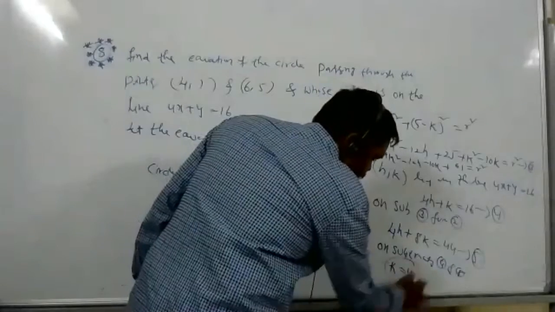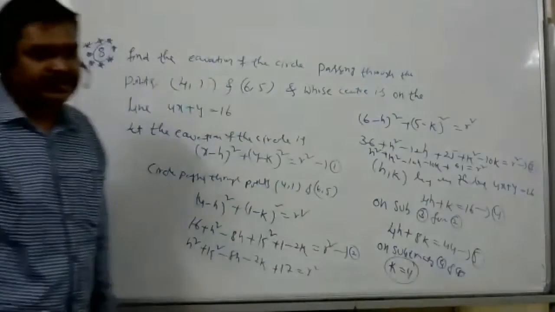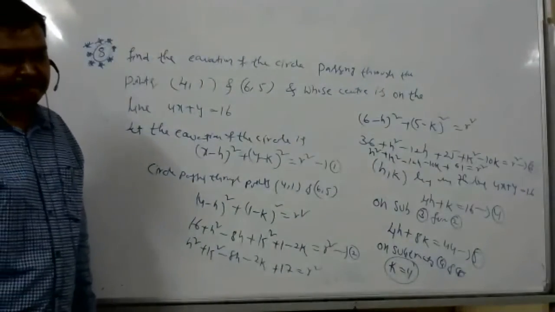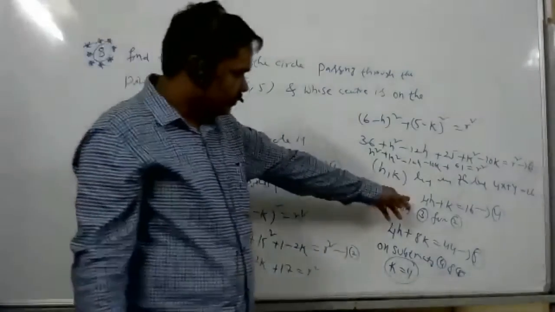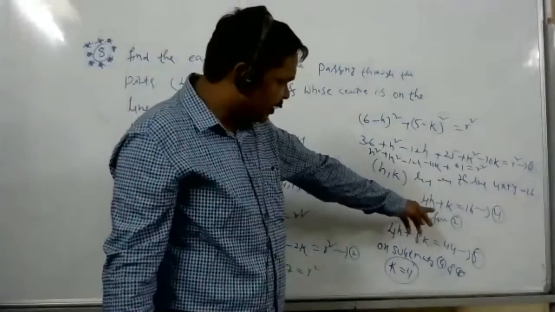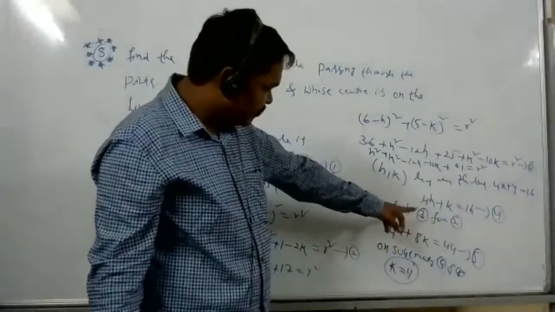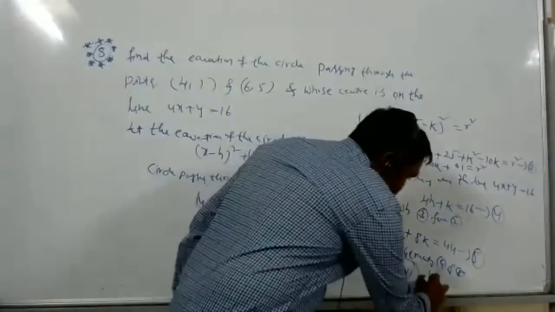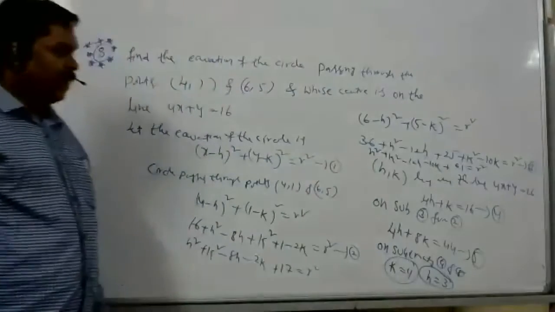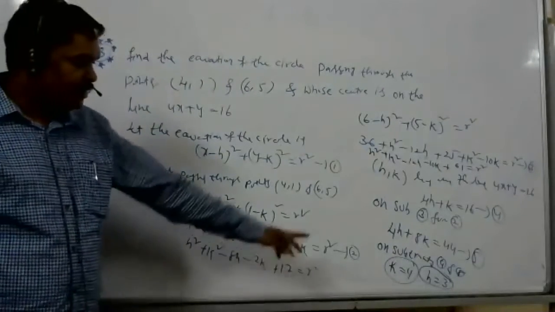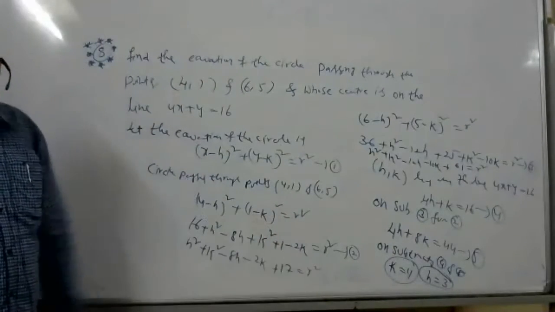Yes, sir. Substituting in any equation, h is equal to 3, right? Yes, sir. So on subtracting 4 and 5, k is equal to 4 and h is equal to 3.